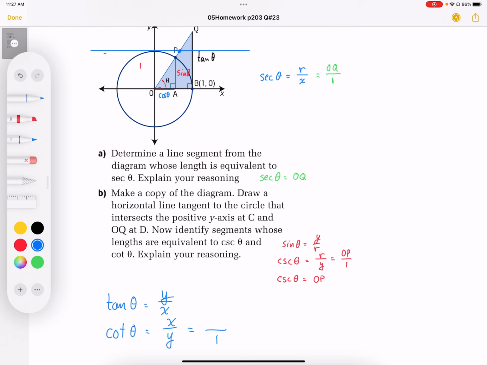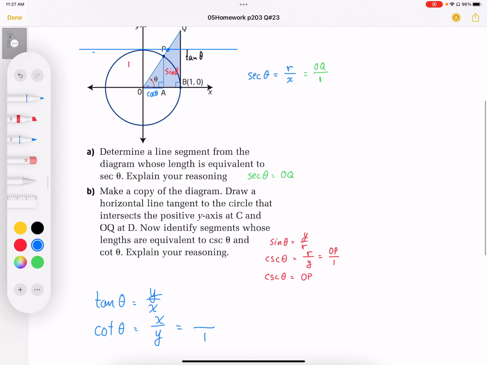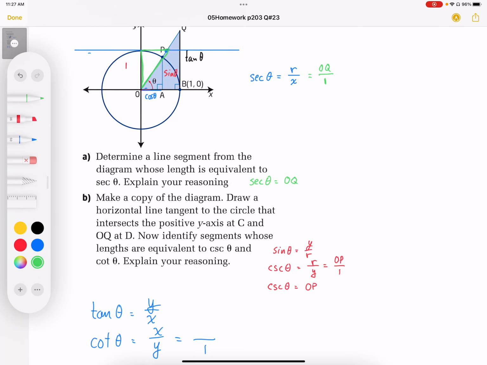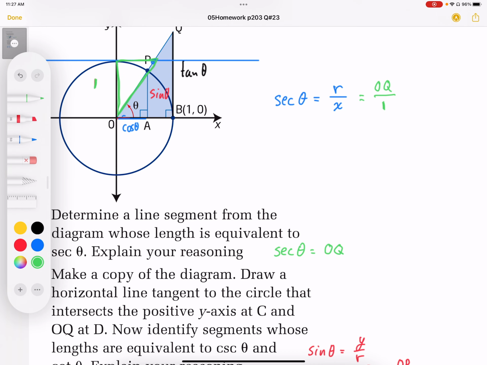And if that denominator is equal to 1, whatever's in the numerator must be the same value as a cotan. So to make the rise equal to 1, we're going to again go back to that same triangle. Because in this green triangle here, remember that the rise was equal to 1. The y value is equal to 1.